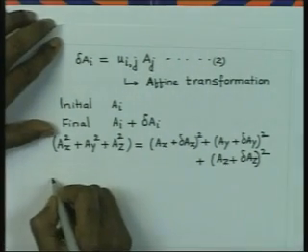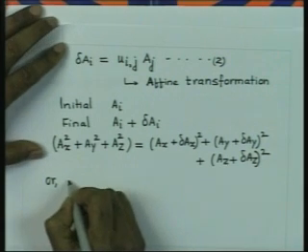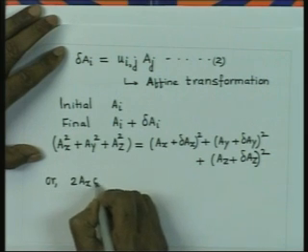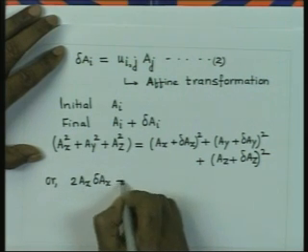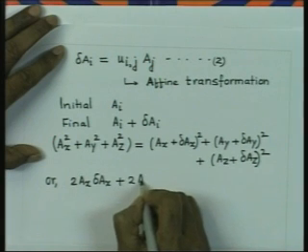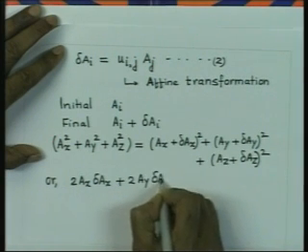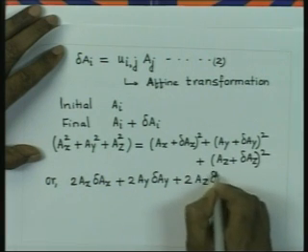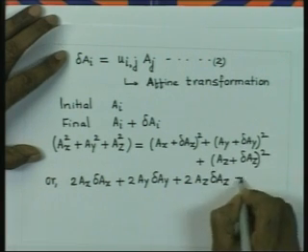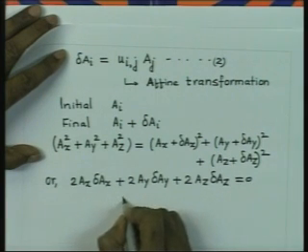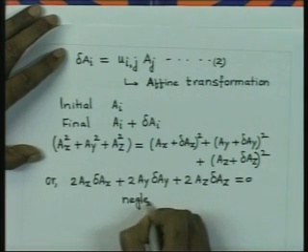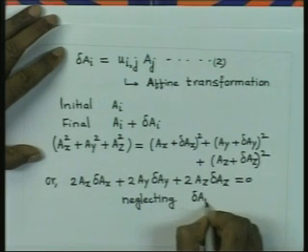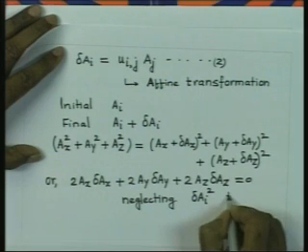Now, this will give us twice ax delta ax plus twice ay delta ay plus twice az delta az equal to 0, neglecting delta ai square terms.